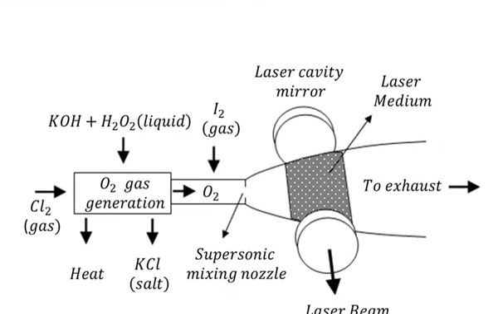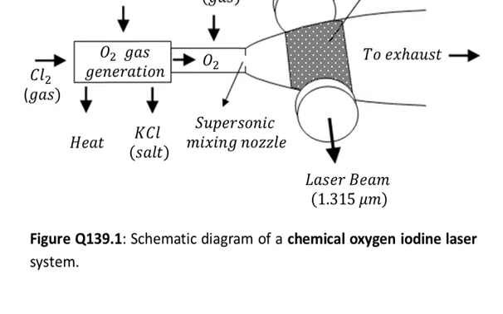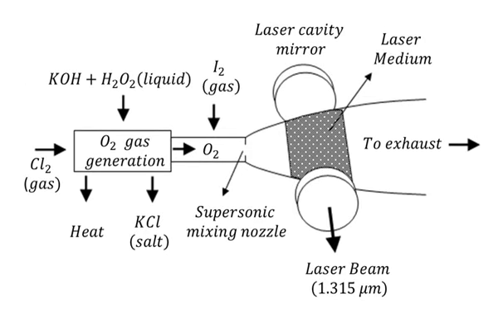This is the figure of the COIL, and the caption of the figure is schematic diagram of a chemical oxygen iodine laser system. In this laser system, you see that we have the chlorine gas, and then we have the KOH, potassium hydroxide, plus H2O2 in the liquid form.